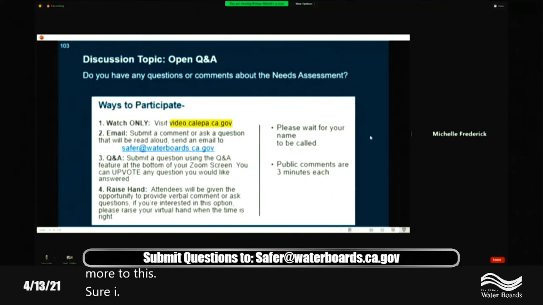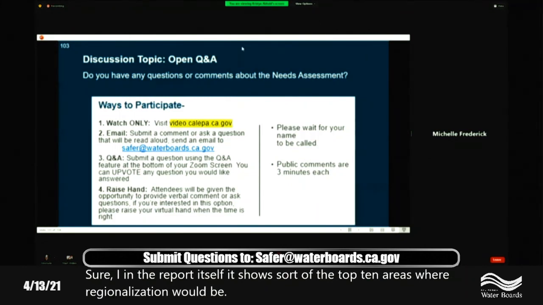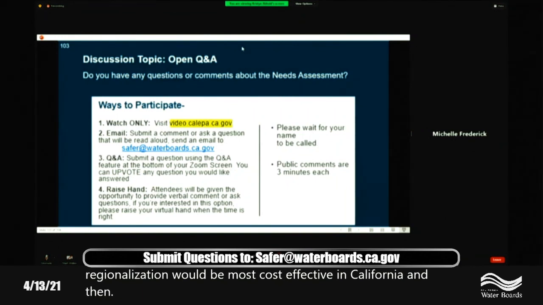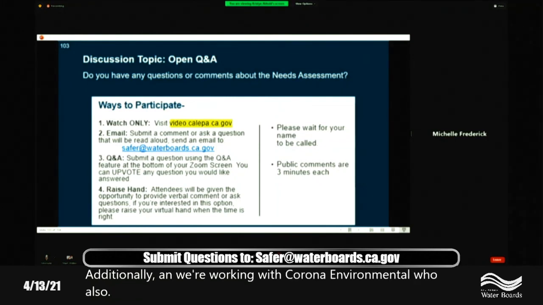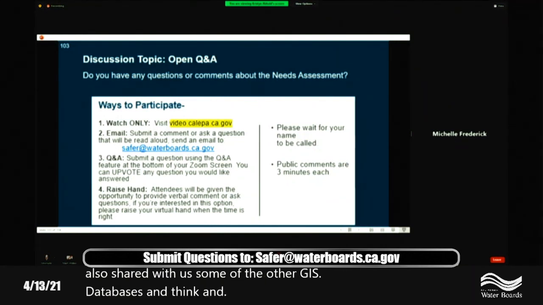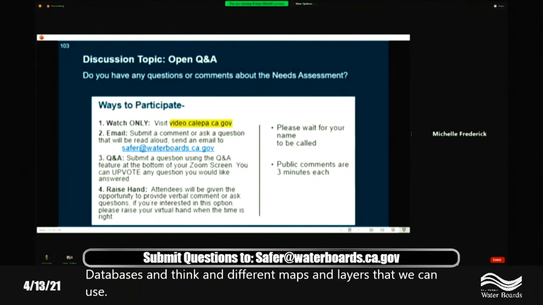Sure. In the report itself, it shows the top 10 areas where regionalization would be most cost effective in California. And additionally, we're working with Corona Environmental, who also shared with us some of the other GIS databases and different maps and layers that we can use now to continue that work.